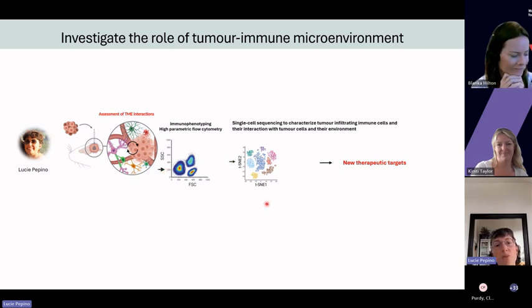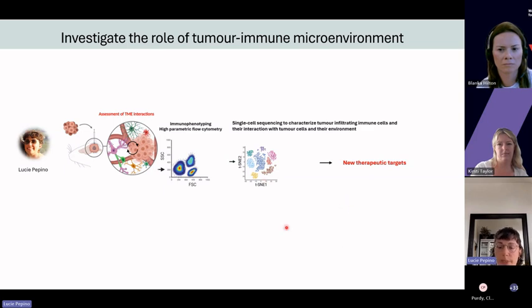I would also like to do single-cell sequencing to better characterize the tumor-infiltrating immune cells and to better understand the interaction with tumor cells or with other cells within the environment that are neither immune nor tumor cells. And of course, all of this is to be able to find new therapeutic targets, because if we can understand which kind of cells are present, and whether they are beneficial or detrimental for the tumor, we can find a way to act from different angles on these different models.